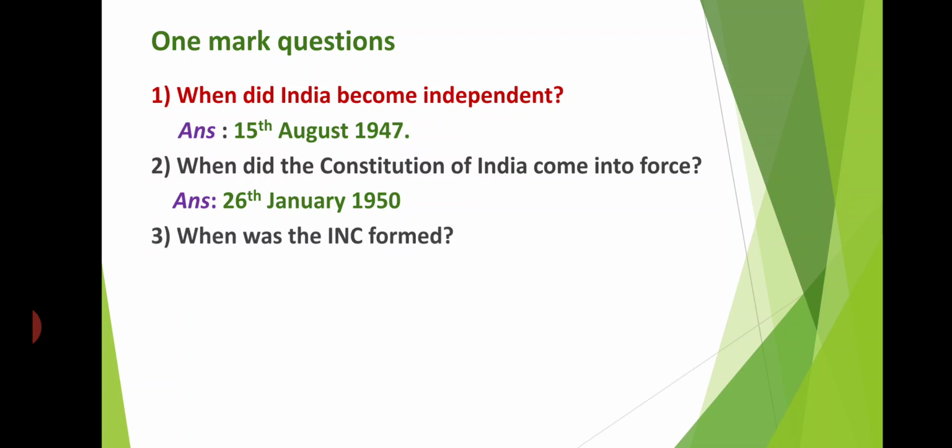Now the third question is: when was INC formed? The answer is 1885. Just write the year 1885. In the year 1885, the INC was formed.